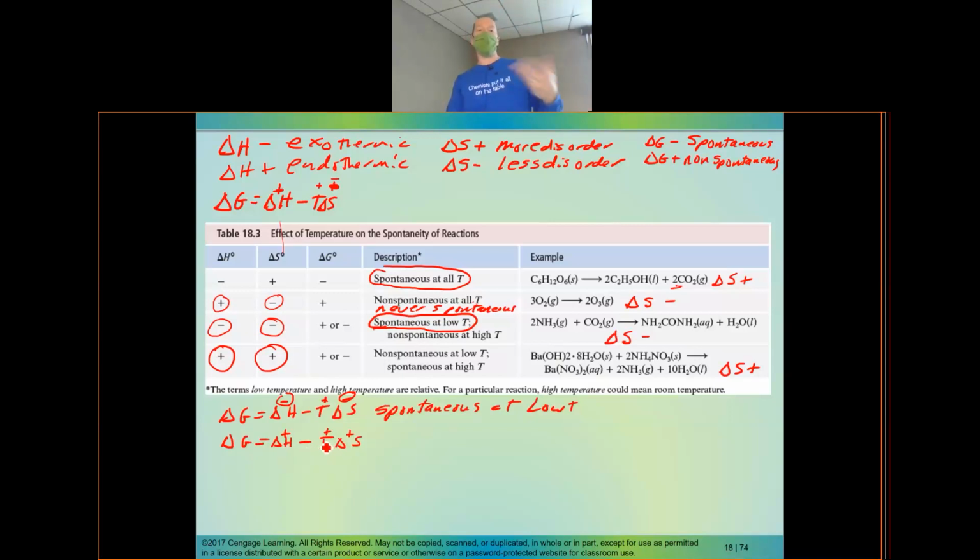So that means the higher the temperature, the larger this negative value would be. And so this is going to be spontaneous at high temperatures. So negative, negative, spontaneous, low. Positive, positive, spontaneous, high.